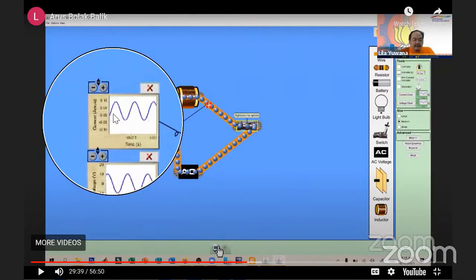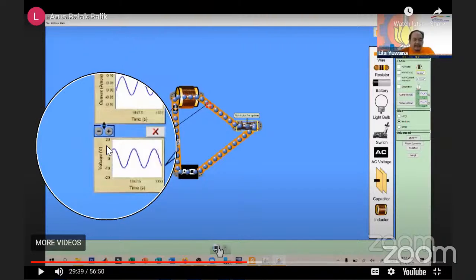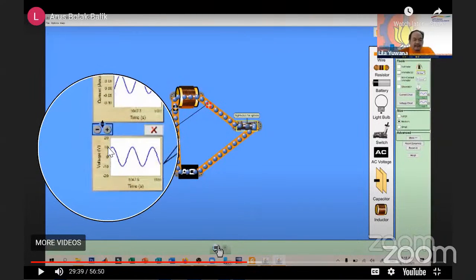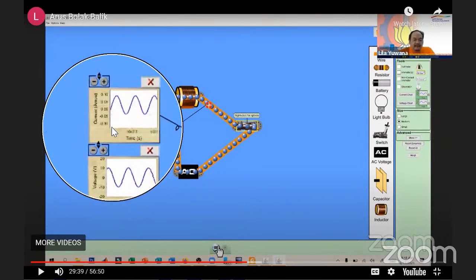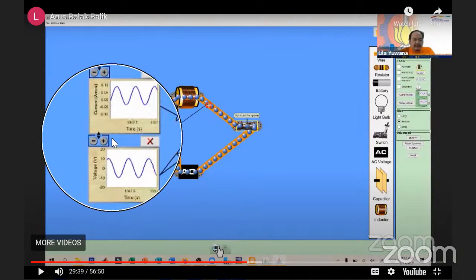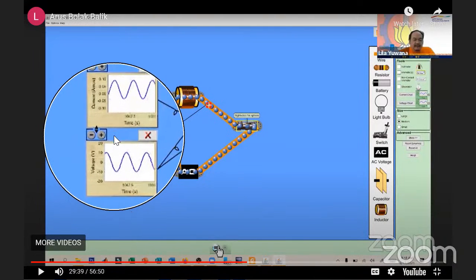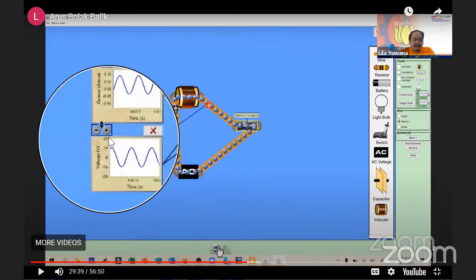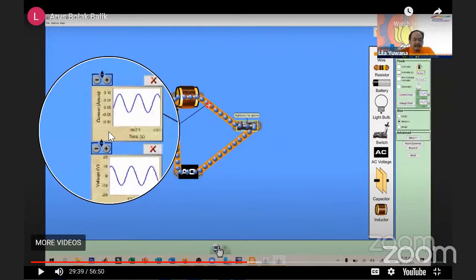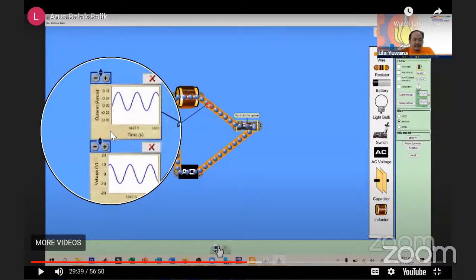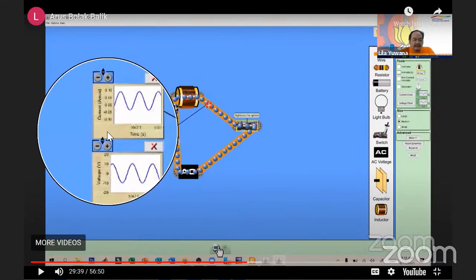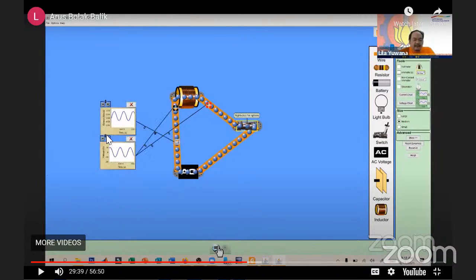Ya. Jadi fase arus ketinggalan terhadap tegangan. And the phase difference here is P over 2. Similarly, you can also make the simulation for the capacitor yourself. Okay. Now I will continue to the next topic.